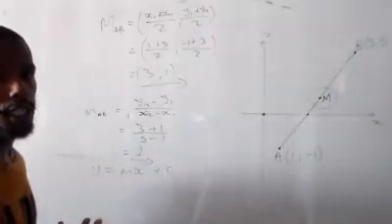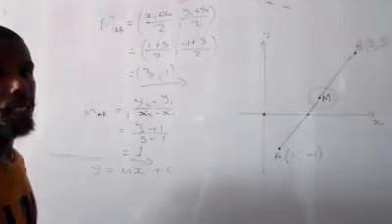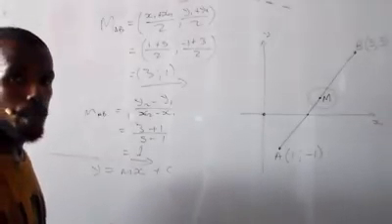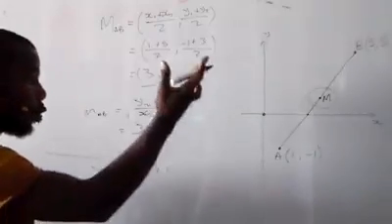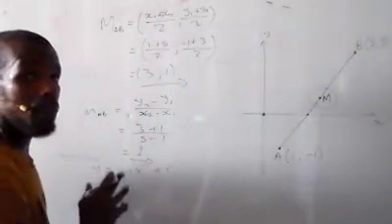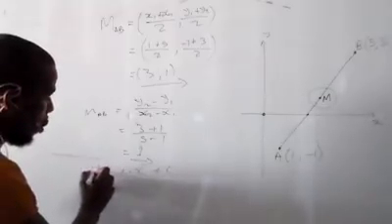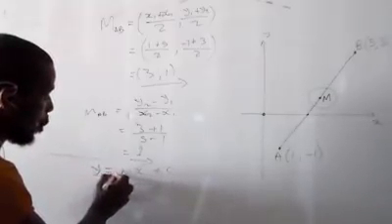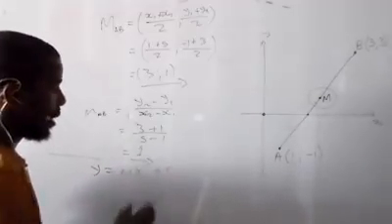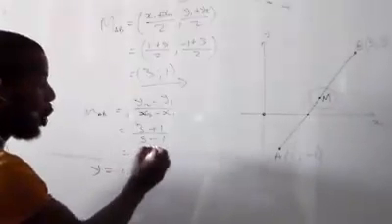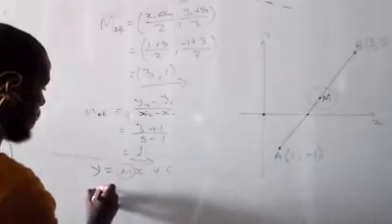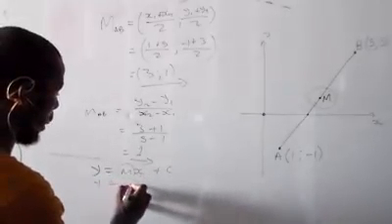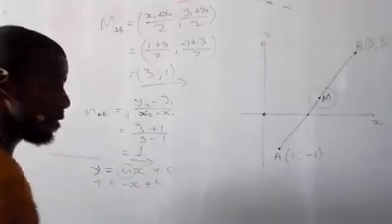Now we are looking for the equation of the line that is perpendicular and bisecting at M, so perpendicular to AB, with M the bisecting point. The gradient is already found, we know it's -1. So y is equal to -x plus c.